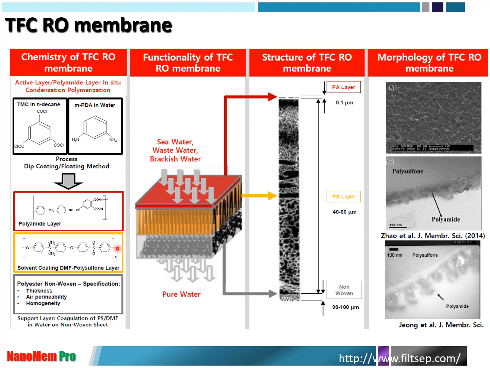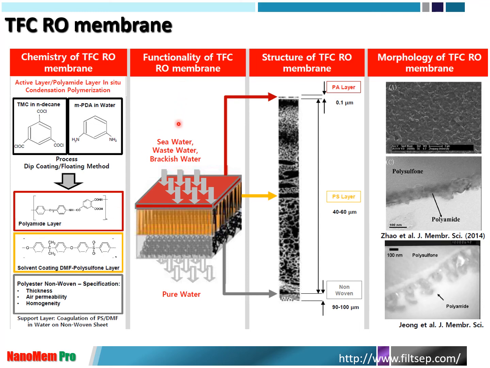And then under the active layer is the support layer, polysulfone, and then a polyester nonwoven, specified for thickness, air permeability, and homogeneity to withstand the overall high pressure applied in RO.